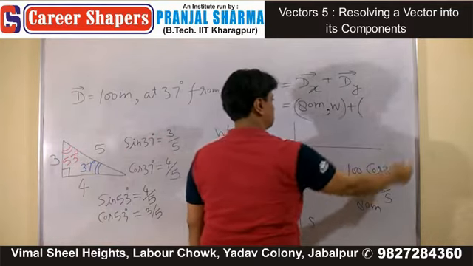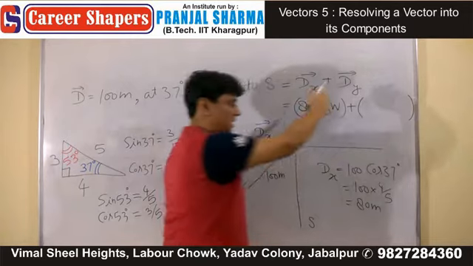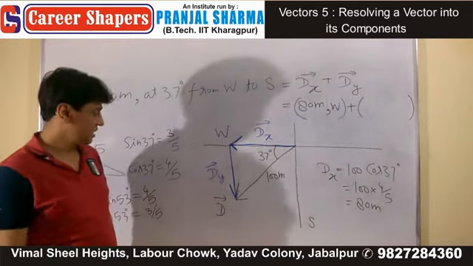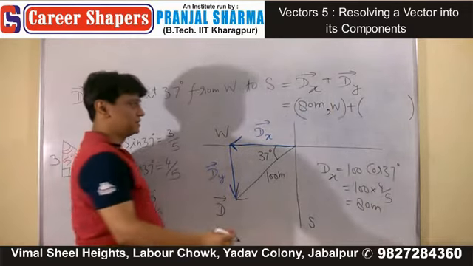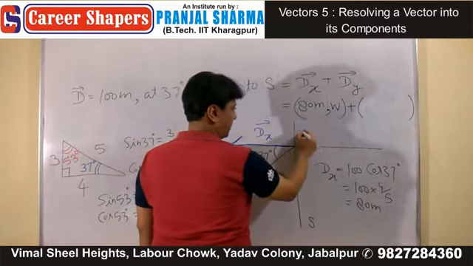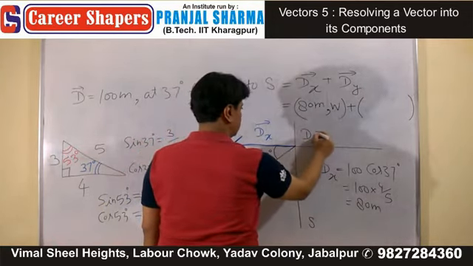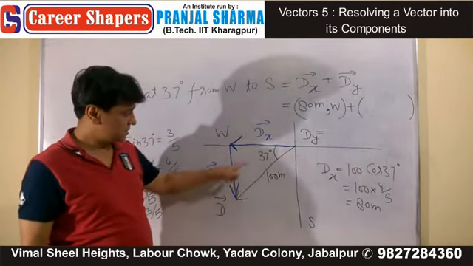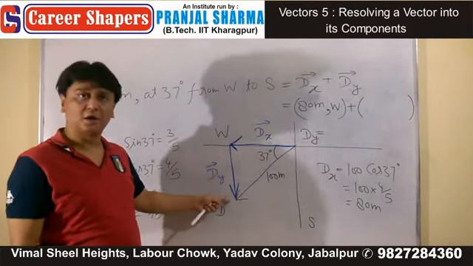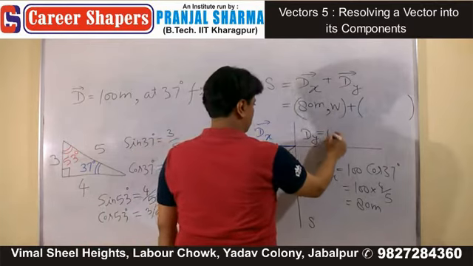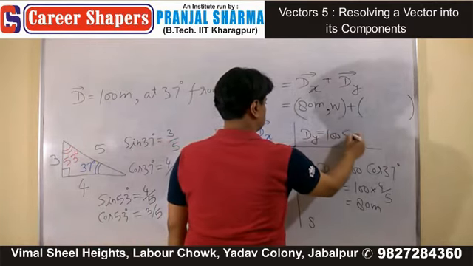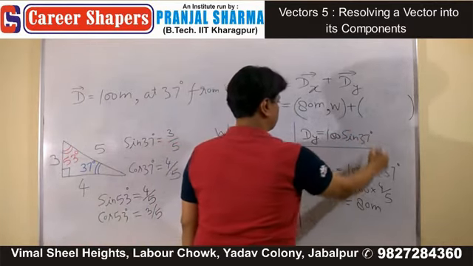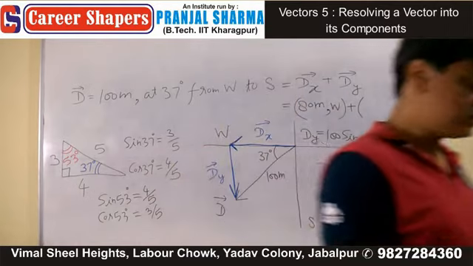Plus dy. What is dy? 100 perpendicular component, sine 37. Sine 37 is 3 by 5.